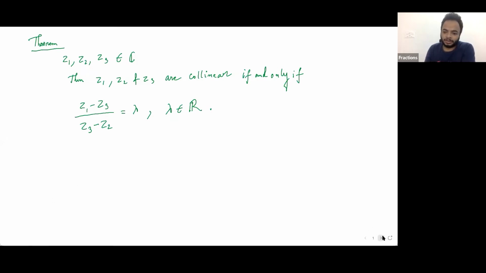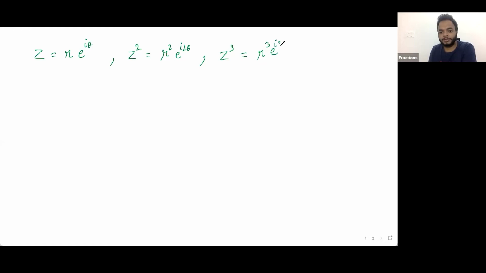So if we take z as r e to the power i theta, then z square would be r square e to the power i 2 theta, and z cube would be r cube e to the power i 3 theta.